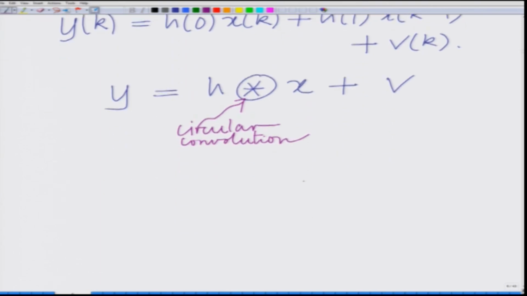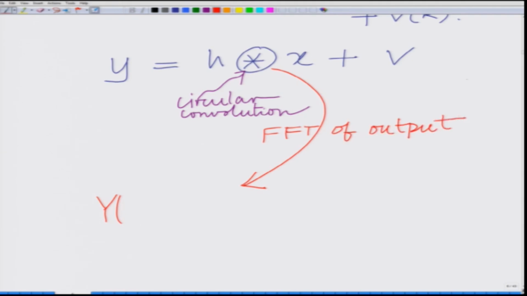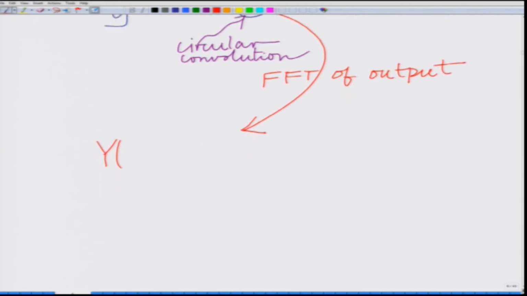Now, what this changes is that in the frequency domain it simply becomes a multiplication. Once you take the FFT of the output symbols, that is the received symbols y, in the frequency domain I have YL equals HL times XL plus VL.